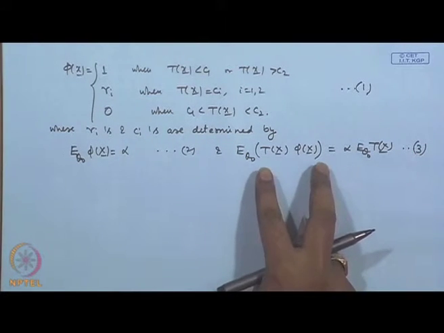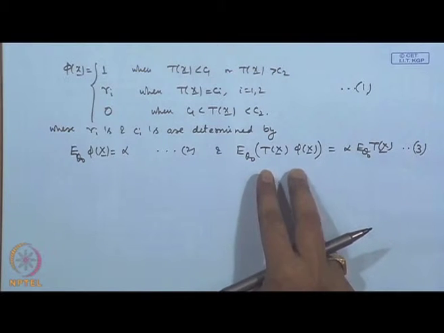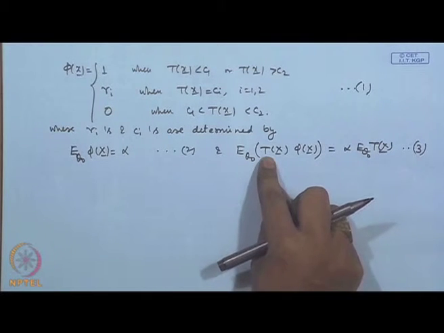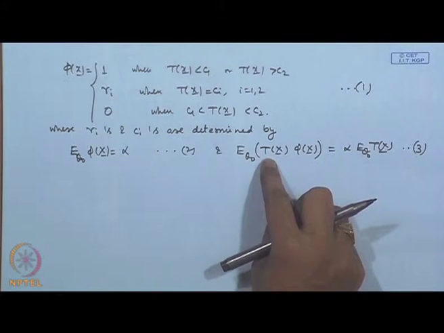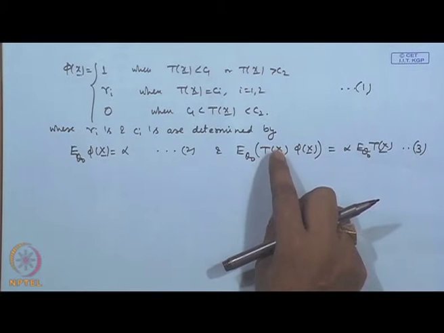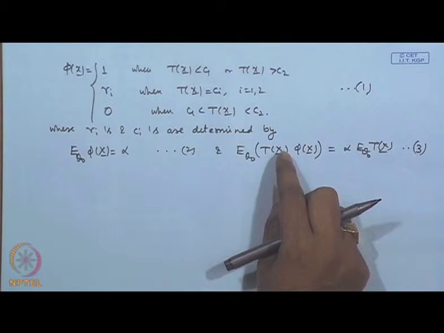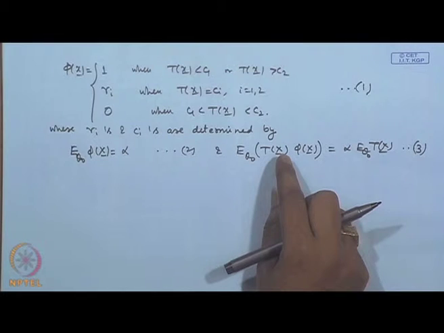Note here that we have a condition in which the statistic T is also involved. So, this was not there in any of the previous results. For the proof I refer to the book of Lehmann and also the book of Rohatgi. I am not going to discuss the proof in detail here. However, let me give certain comments here.